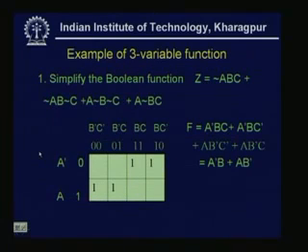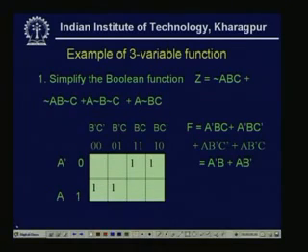Now if it is a 3 variable function, then simplify the Boolean function: A bar B C, A bar B C bar, A B bar C bar, A B bar C. Now I have to draw the Karnaugh map like that.